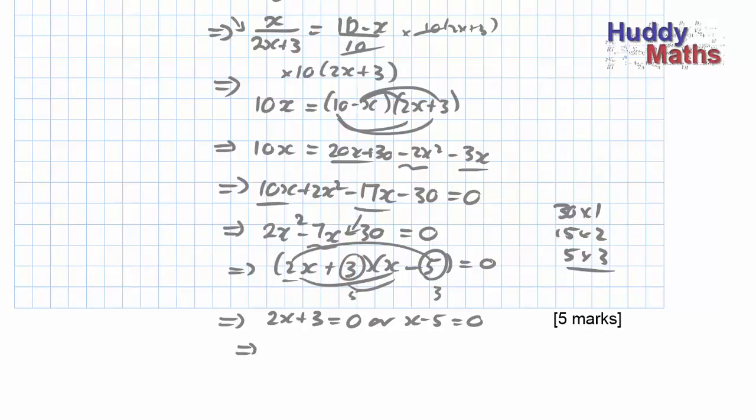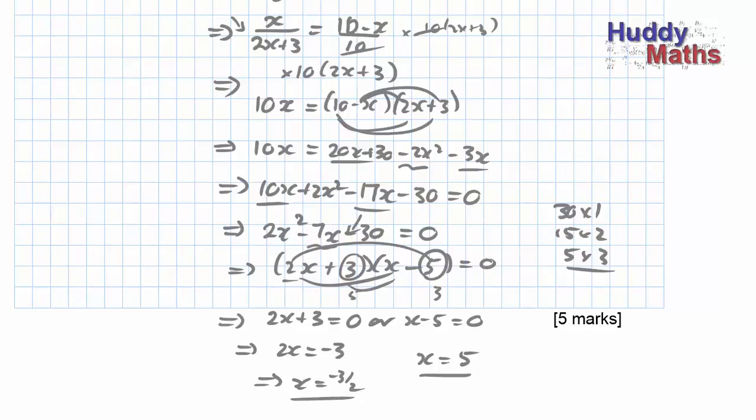So that means subtracting 3 from both sides, 2x is negative 3, or x is negative 3 over 2, or x is 5.